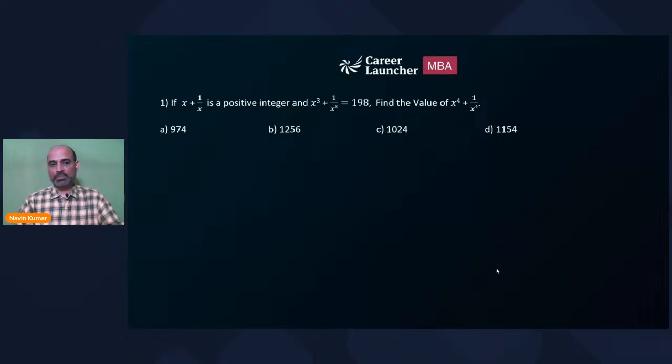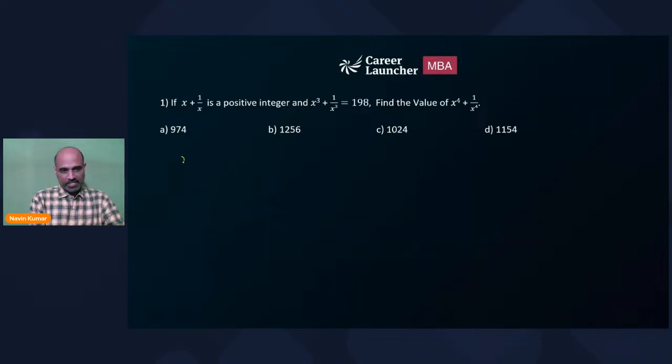We have x cube plus 1 by x cube. We need to find out x to the power 4 plus 1 by x to the power 4. Okay.